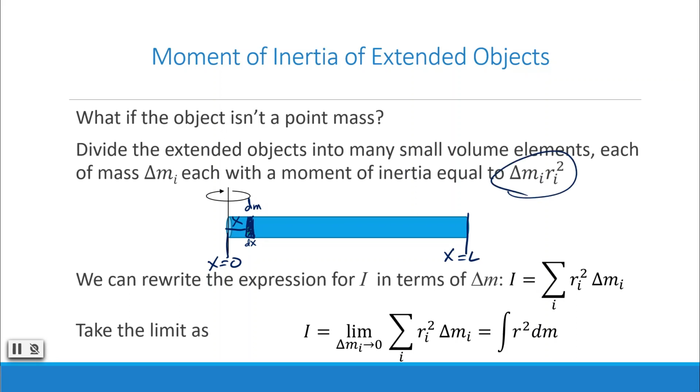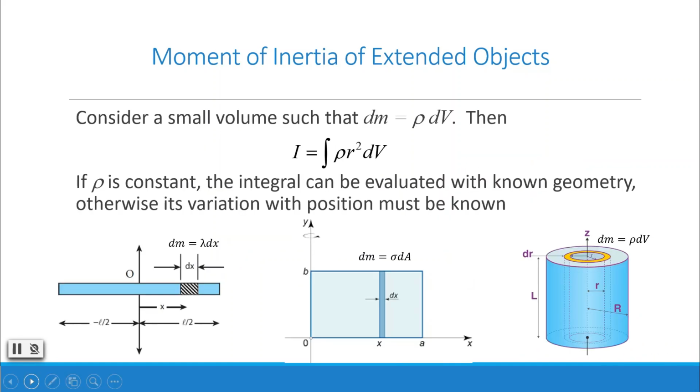If you take the limit as that mass gets smaller and smaller, then your delta m_i becomes a dm. And you end up with your rotational inertia being the integral of r squared dm. If you don't have a line, you might need to do an area or a volume.